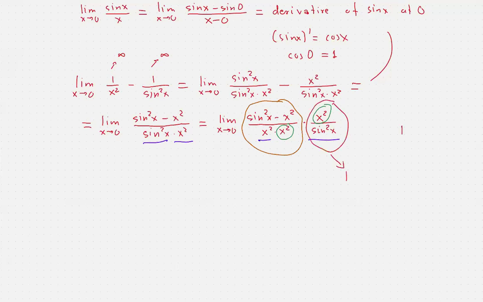So this tends to 1. And it suffices to compute the limit as x tends to 0 of sine square of x minus x squared over x to the fourth. That x to the fourth is x squared times x squared.